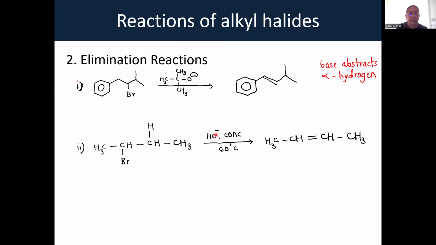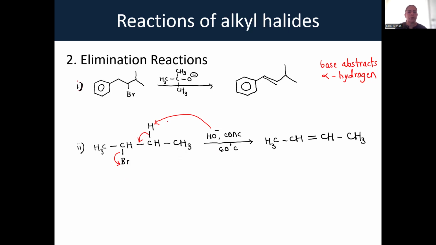How does it undergo elimination reaction? Just try to understand the mechanism. This OH minus, instead of attacking this carbon, will attack this hydrogen. When it attacks this hydrogen, this electron pair, which is the bond forming electron pair, shifts over here. This carbon cannot become pentavalent, so this bromine leaves with a pair of electrons.